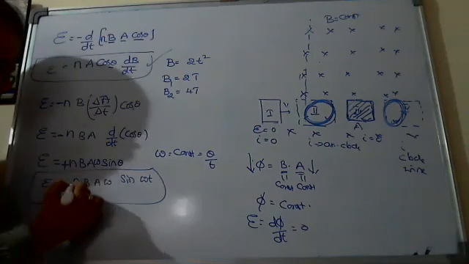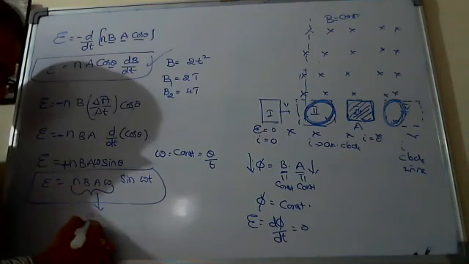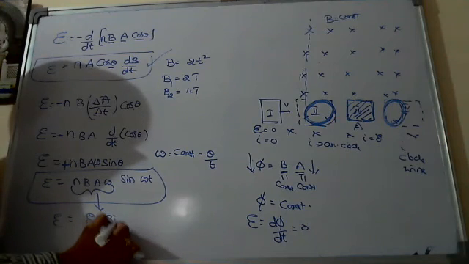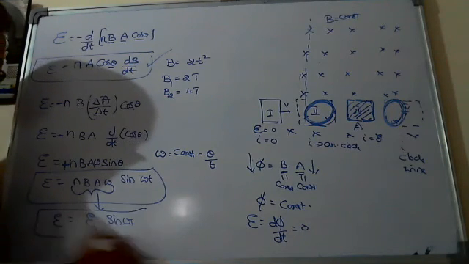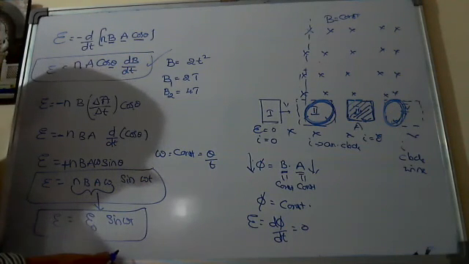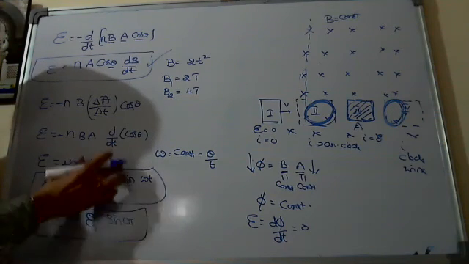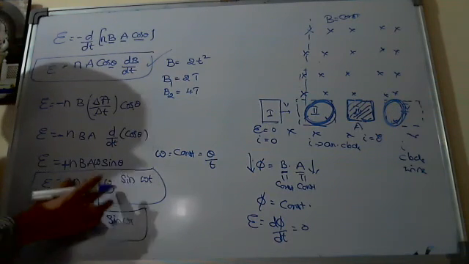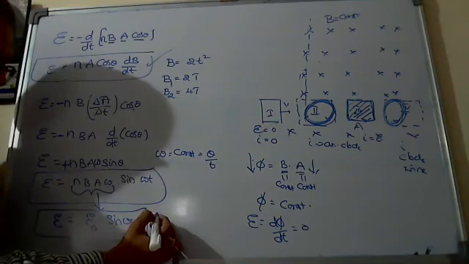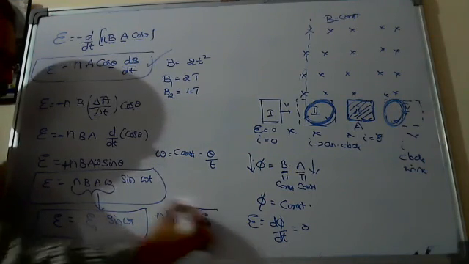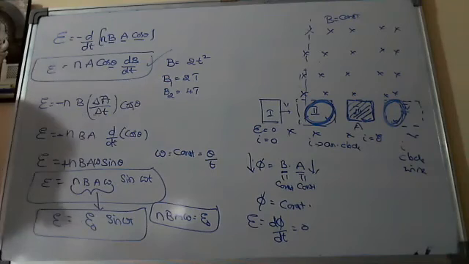In this case, even though they ask what is the maximum value of EMF, it appears like E is equal to E naught sine omega t. This is the start of AC, Nana. In AC we get E is equal to E naught into sine omega t. This part only, there we continue. And here this NBA omega is what? The maximum value of EMF produced when it is continuously rotated.